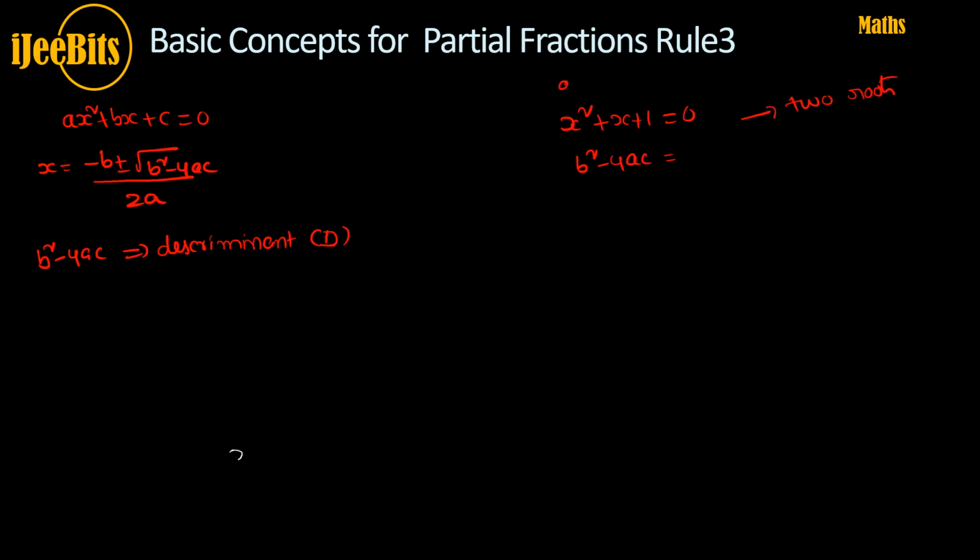Here a is equal to 1, b equal to 1, c equal to 1. Let's put 1 square minus 4 into 1 into 1. So what is the value? 1 minus 4, so minus 3. Do you see? This is a negative value, and hence the roots would be imaginary.